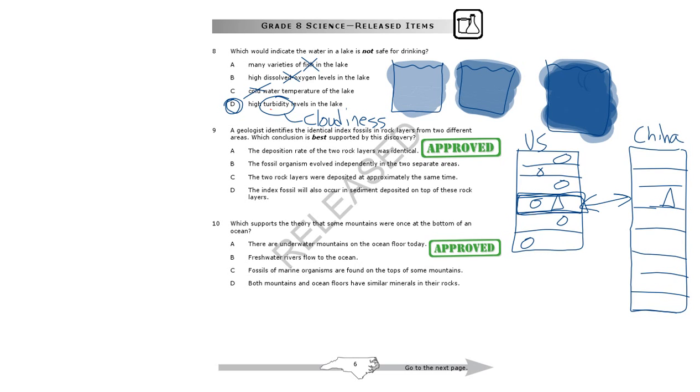Number 10, which supports the theory that some mountains were once at the bottom of the ocean? Well, here's the thing. If you go up onto a mountain and you find clamshells and stuff, that doesn't make sense, unless either the mountain was underwater or the land was underwater and then it got pushed up and formed a mountain.